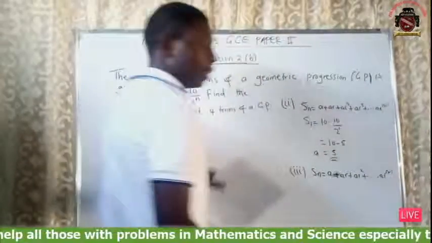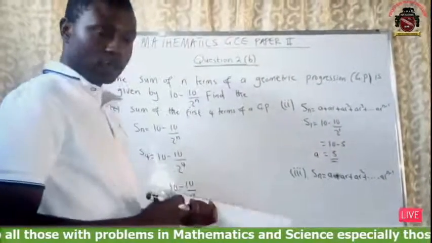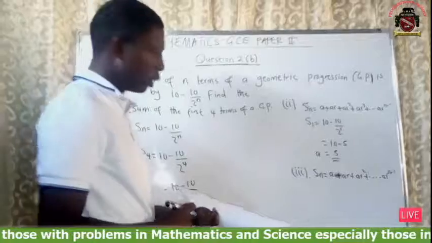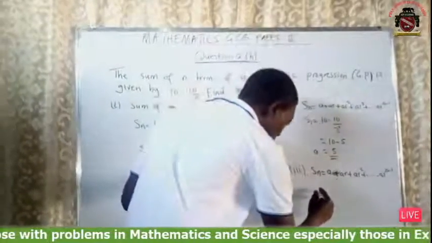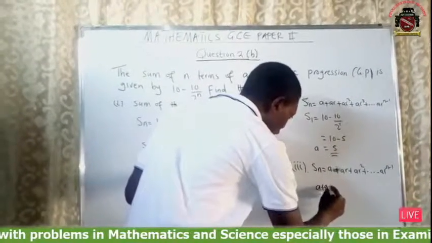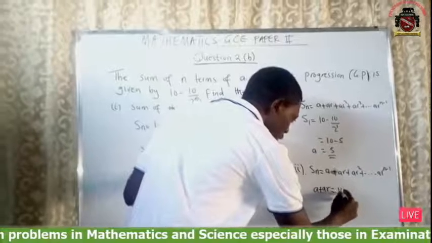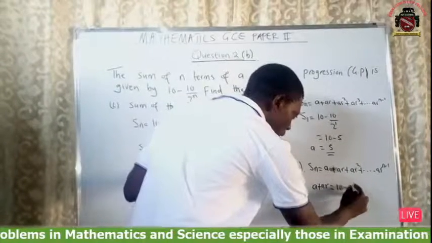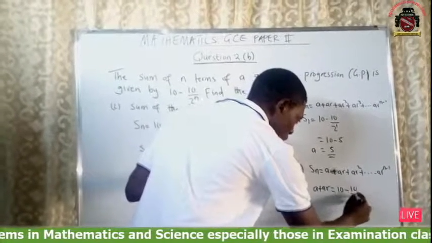Now, just using 2 terms, we can say a plus ar is equal to 10 minus 10 over 2 to the power 2.